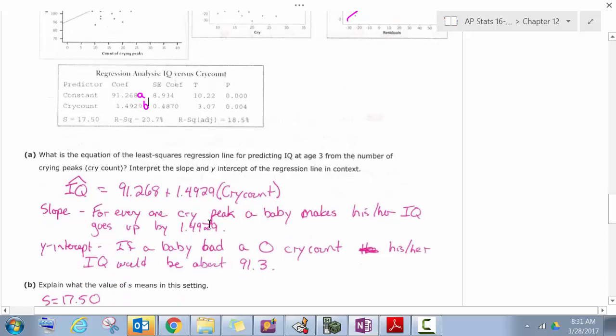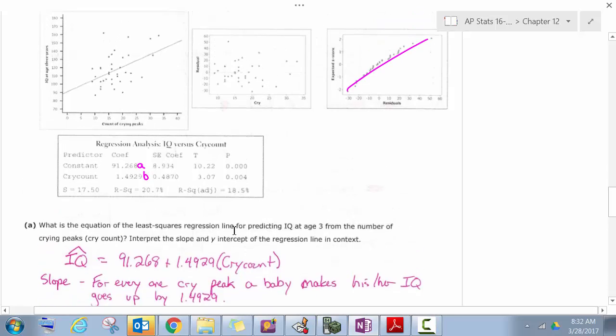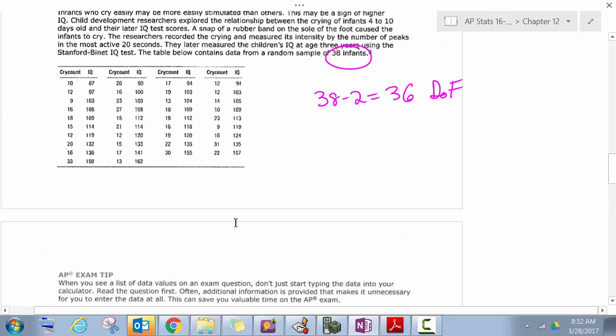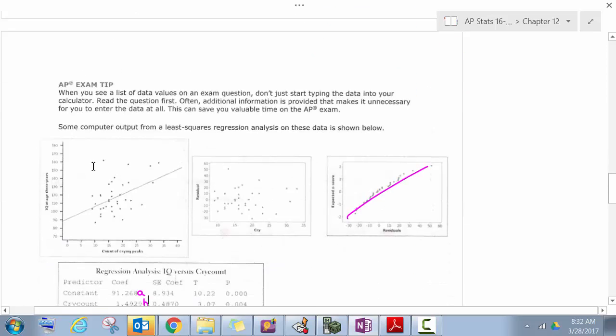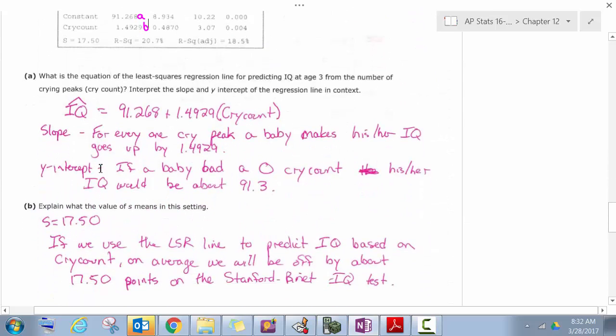Interpret this: the slope, for every one cry peak a baby makes, his or her IQ goes up 1.4929. The y-intercept: if a baby had a 0 cry count, his or her IQ would be about 91.3. Is that realistic? Maybe, maybe not. It's outside all of our x values as we see here, and maybe not. It goes down to 9, so that could make sense.